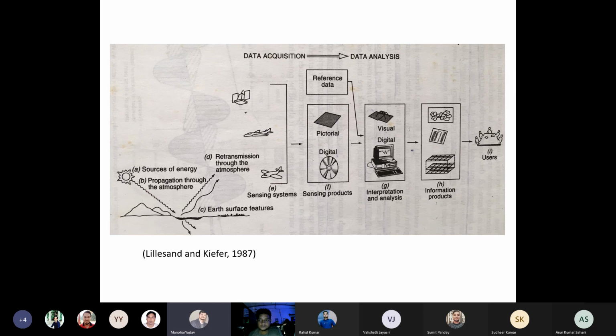Fine. Now consider the GDP course, geospatial data processing, which you are learning right now. Once you get the sensing product, what are the mathematical aspects to analyze it? There are different senses to generate the sensing product.